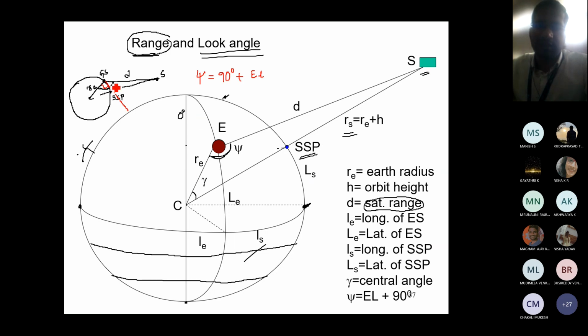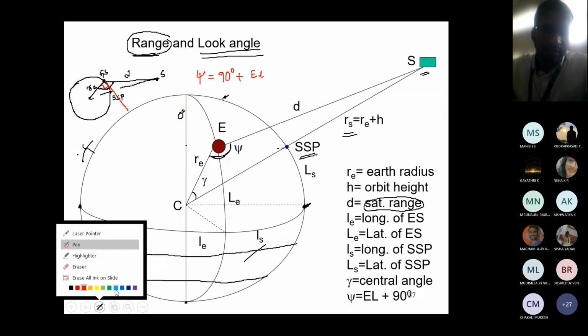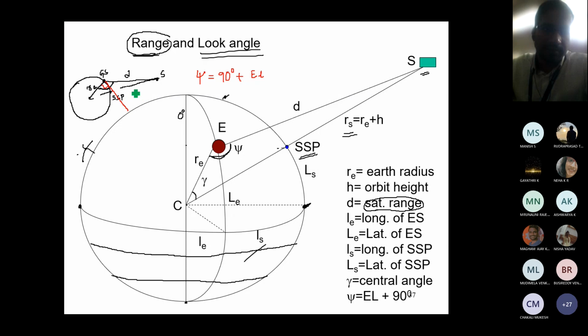I will use a different color for understanding. This angle is your elevation angle, so we can write the angle psi as the summation of 90 degrees plus the elevation.